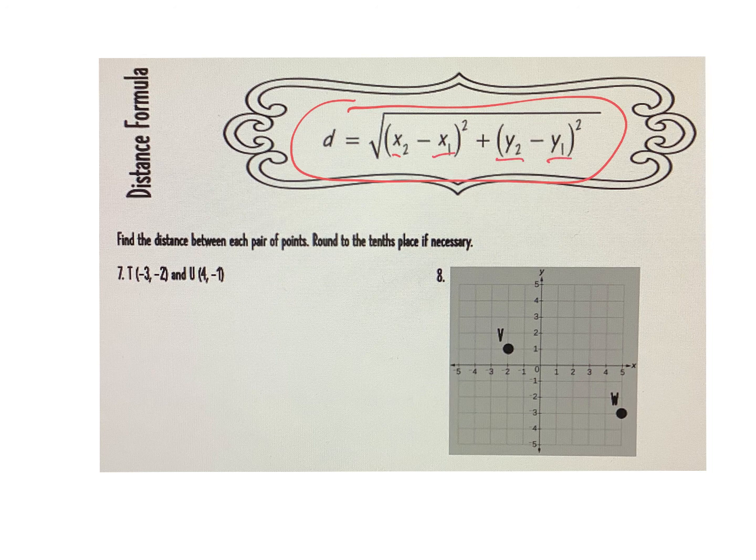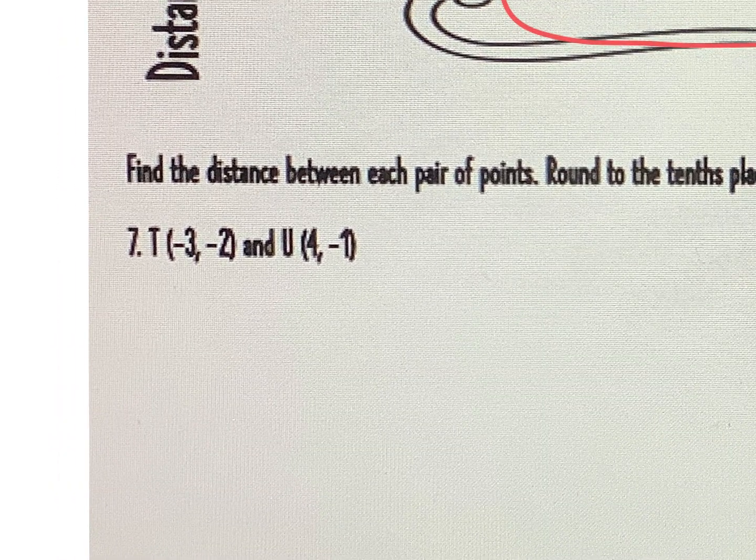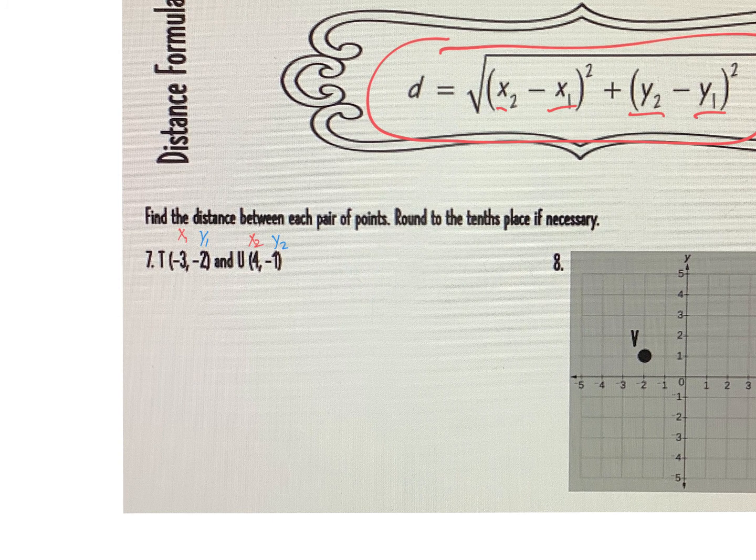So let's look at problem number 7. This is my x1 and my y1, and then I have my x2 and my y2. We're going to use that formula that we have up there and substitute into it.